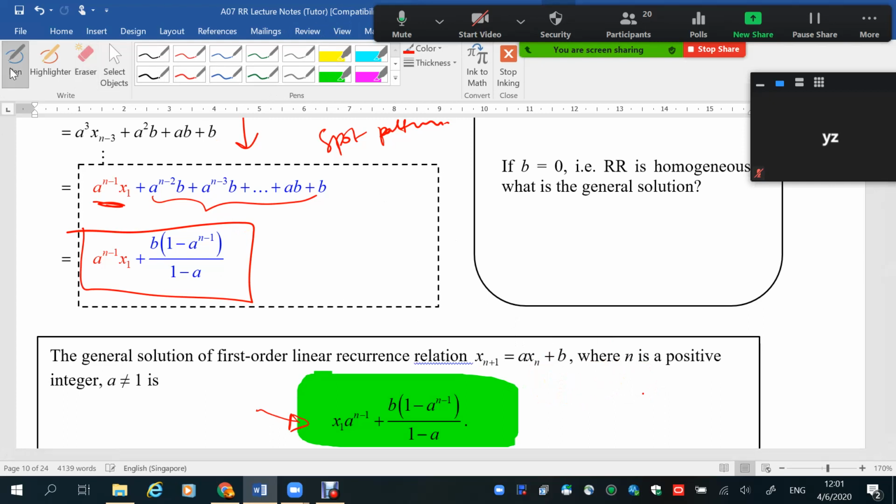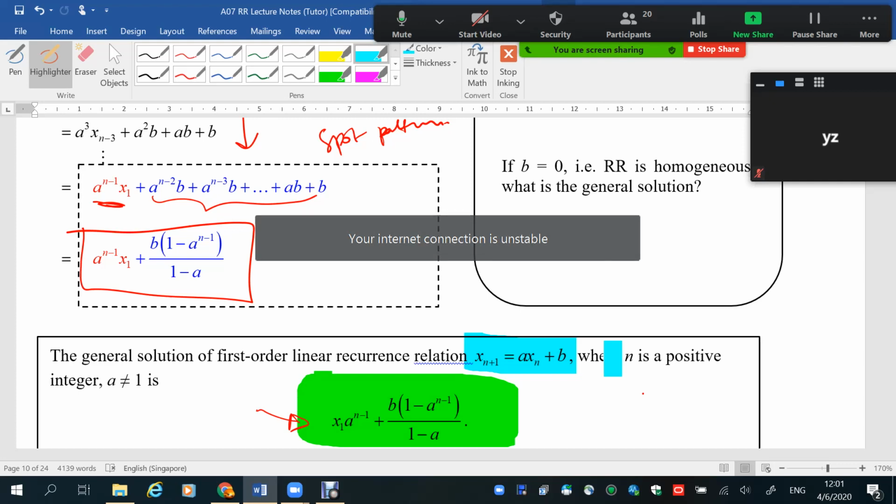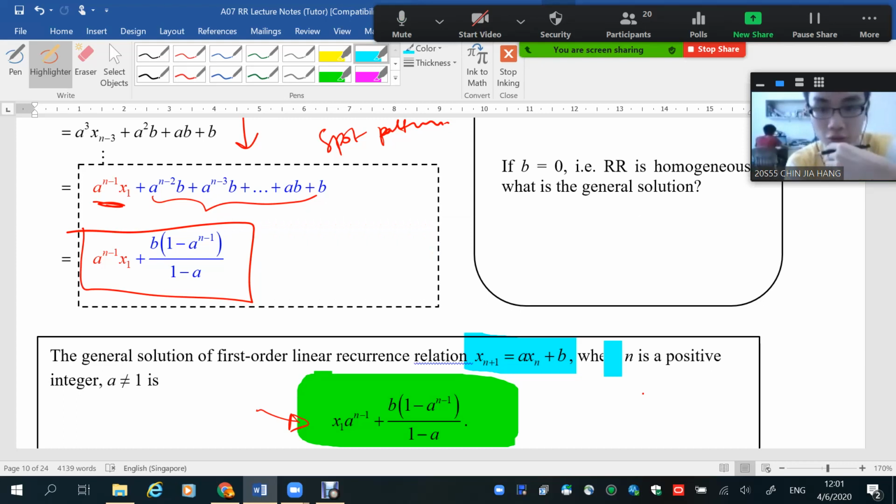So let me ask you a fundamental question now. Let's go back to your fundamentals. This is a first order linear recurrence relation. Next question: is this homogeneous or not? What's homogeneous? Go back to your definition in front. No constant.